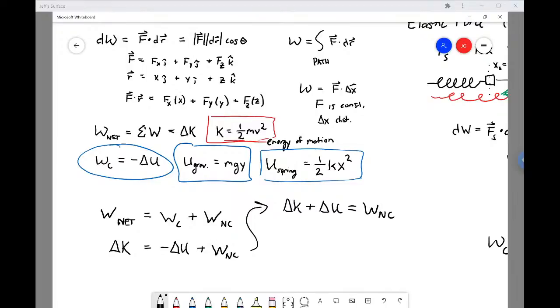And so on this left-hand side, what we have is a sum equal to what's called mechanical energy.